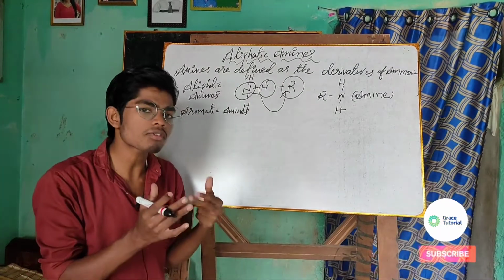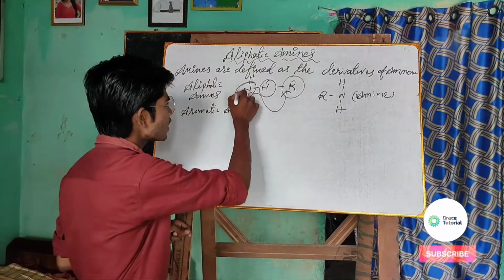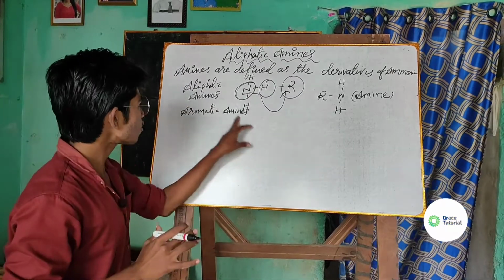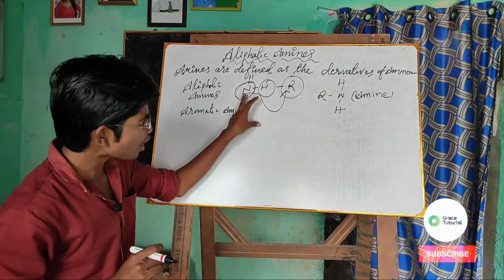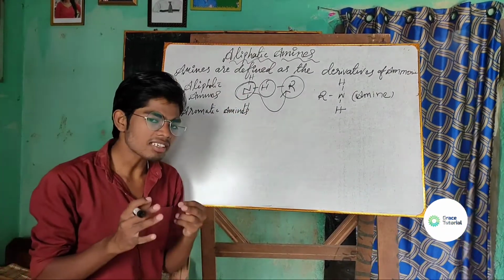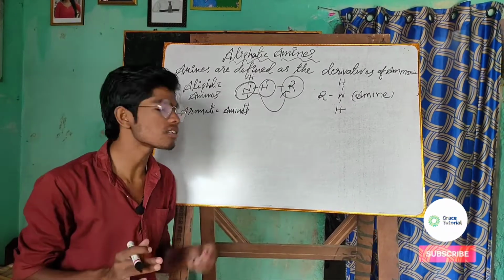So which amines are referred to as the aliphatic amines? When the nitrogen atom is directly bonded to the alkyl group, then that amine is called the aliphatic amine. Similarly, when this nitrogen group is directly bonded to the aryl group, then that is known as the aromatic amines. Let me give you some examples of the amines.